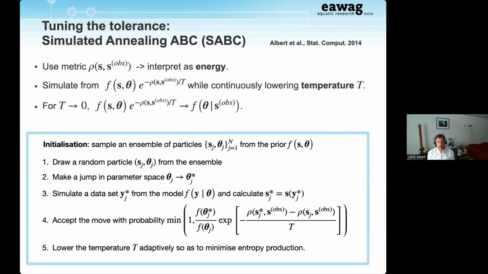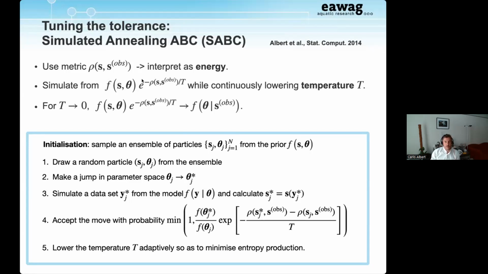We've suggested an algorithm some time ago, which combines approximate Bayes computation with simulated annealing. We call this SABC these days. And the idea basically is that we sample from this object here, so the joint prior of summary statistics and parameters times such a Boltzmann factor, which is e to the minus distance measure between simulated and observed summary statistics divided by a temperature.